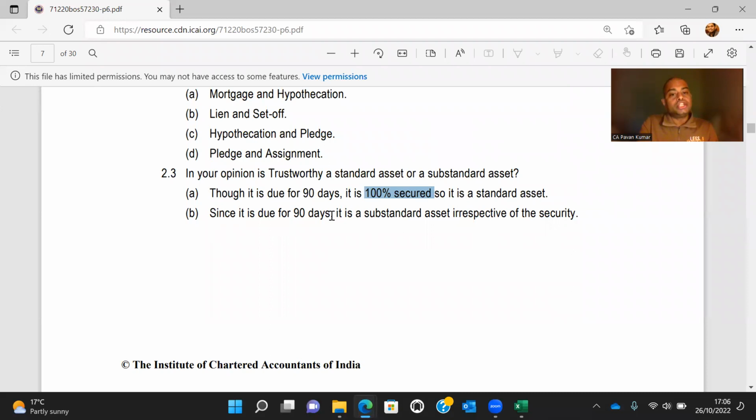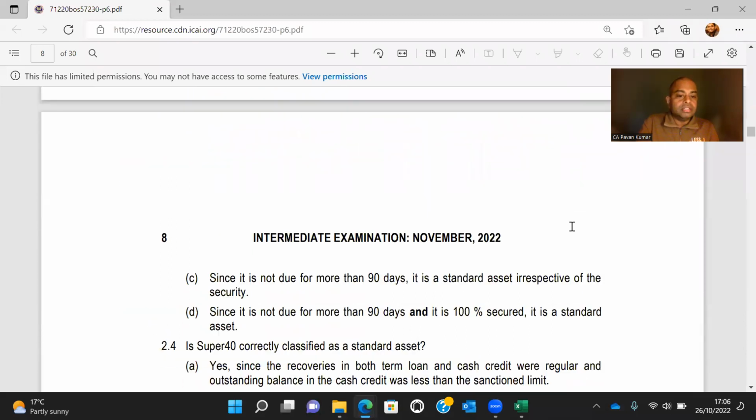B, since it is due for 90 days, it is a substandard asset irrespective of security. C, since it is not overdue for more than 90 days, it is a standard asset irrespective of security. D, since it is not due for more than 90 days and 100% secured, it is a standard asset.